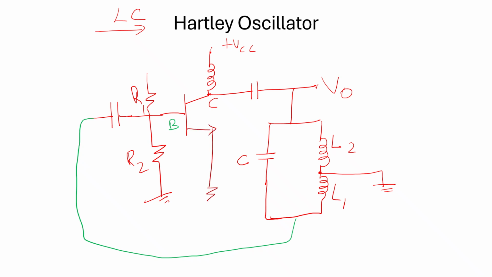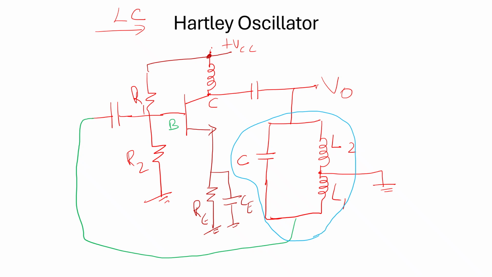Yes, we have our E resistor and a CE capacitor. Here, a plus VCC. So the portion of the circuit connected here is a pair of L and C, while L has two components, L1 and L2, both of them with their center tapping. This circuit is called LC circuit or tank circuit or resonance circuit.